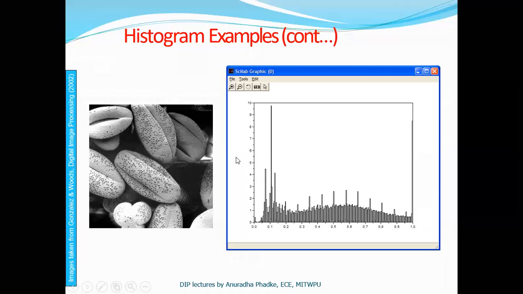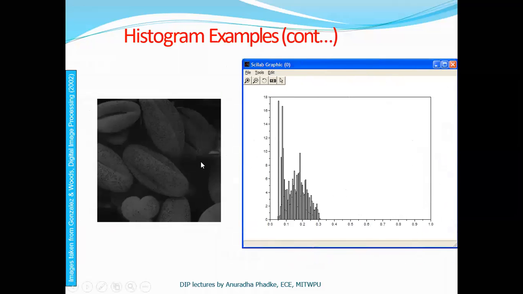And if you look at the image, you can justify this statement. Visually we can say this image has very good contrast. The histogram is distributed approximately equally over the available dynamic range, from 0 to 1. That's why the contrast is very good for this particular image.